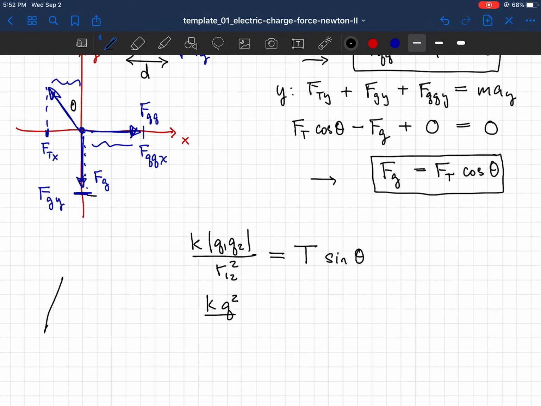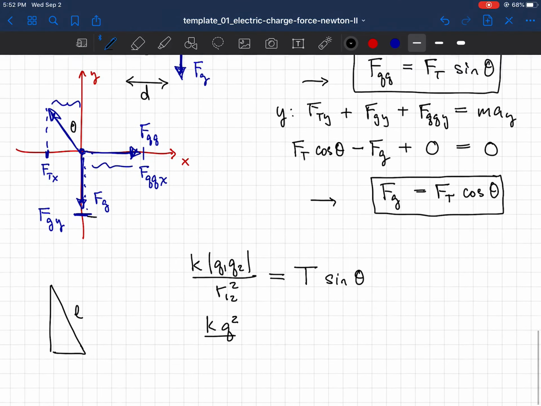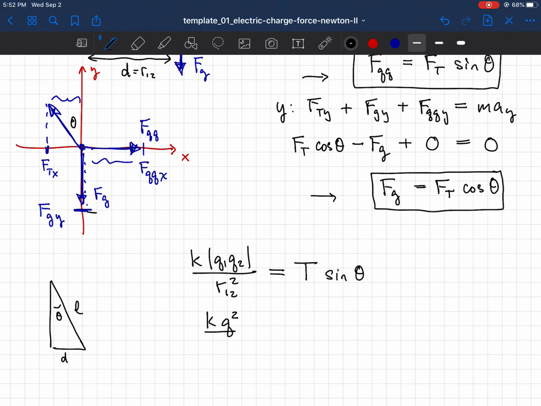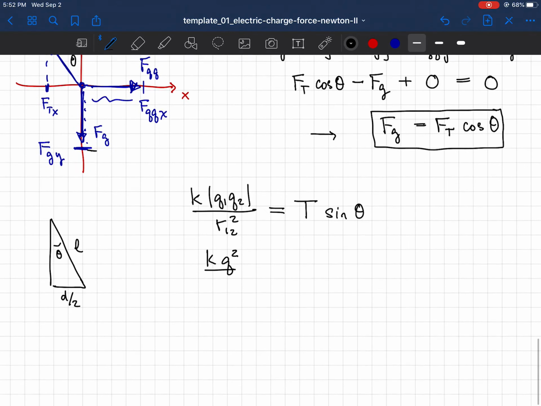I could write that distance, sorry, so this is L, this is theta, and that's definitely not the distance that we're talking about. The distance we're talking about is this distance, which is R12. So this side here is d over 2.